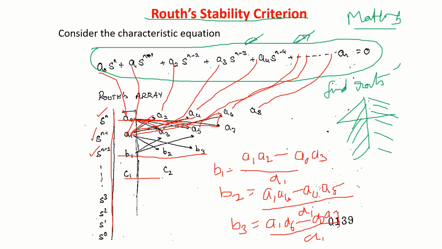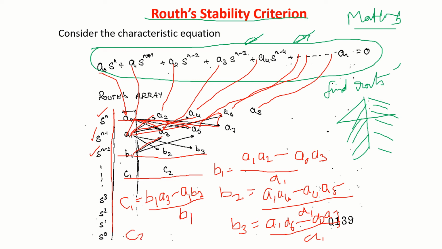Next, you want to find C1, C2, C3. To find C1, B1, A3 minus A1, B2 divided by B1.